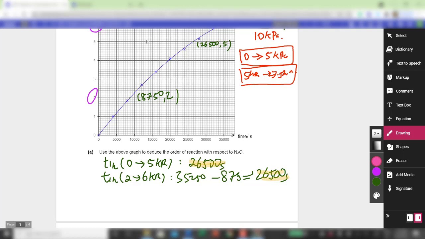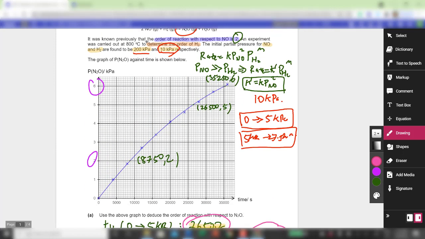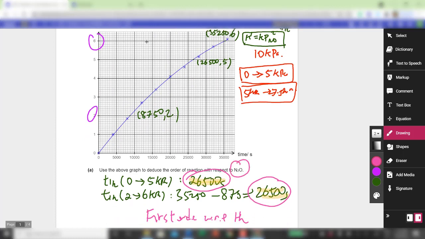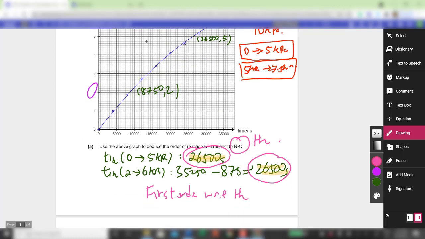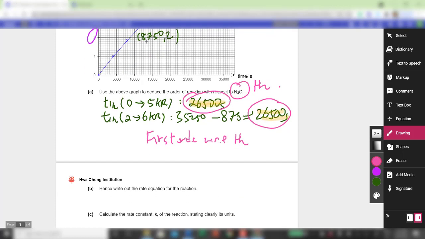Remember that when you write your conclusion, if you obtain slightly different half-lives, you need to take the average and tell us that it's relatively constant at this average value, and then you conclude that it's first order with respect to H2. So this is actually H2. Okay, we'll move on to the next part.